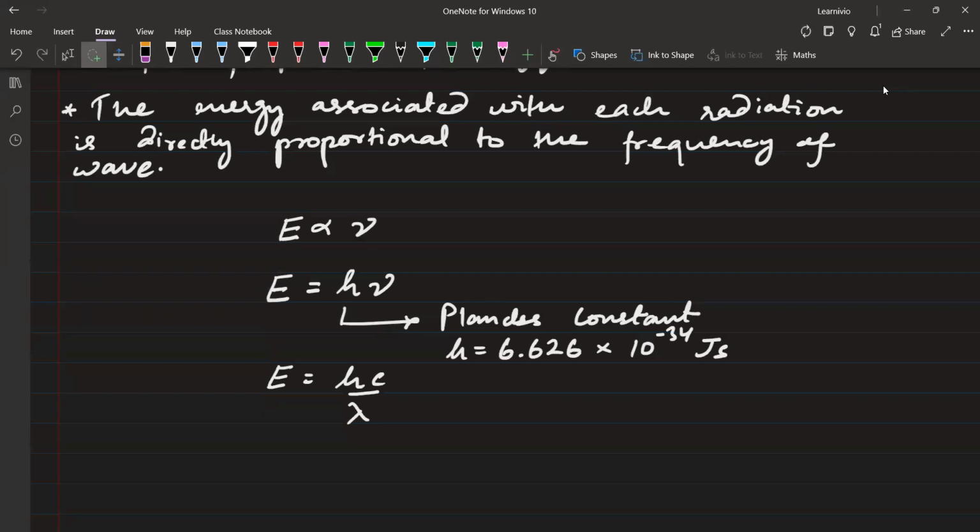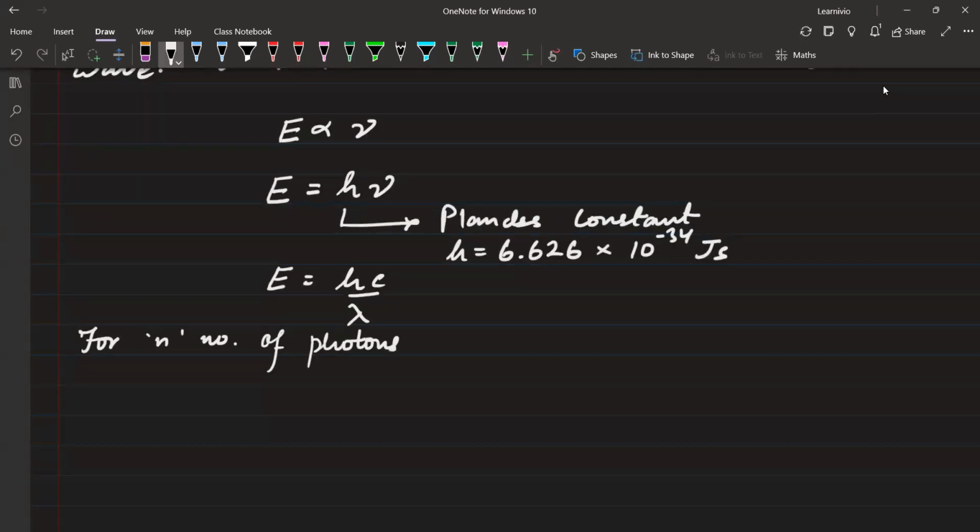If I have n number of photons, we can write the formula as, please write with me, for n number of photons, E is equal to n, that is the number of photons, hc upon lambda, which will be equal to n h nu.